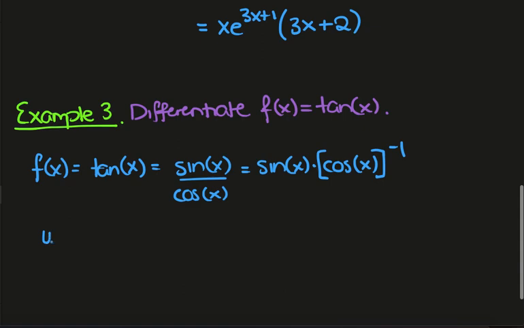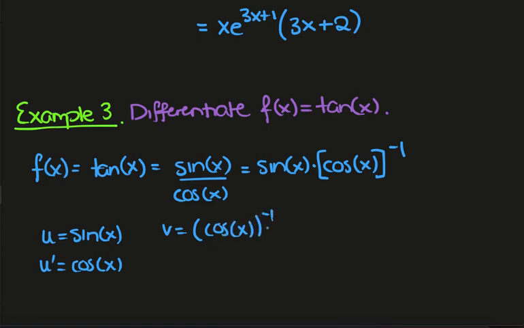And now we see that u is sine x, so u prime is cos x. We see that v is cos x to the minus 1, and therefore v prime is, well, by the chain rule we take the minus 1 down to the front, we differentiate the inside, which is minus sine x, and then we leave it alone with a minus 2 here.